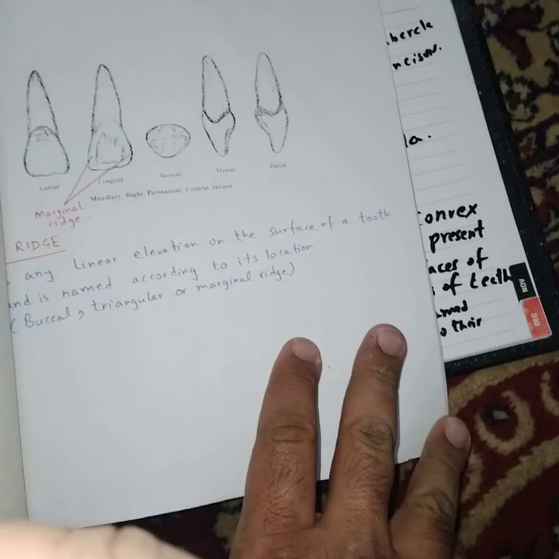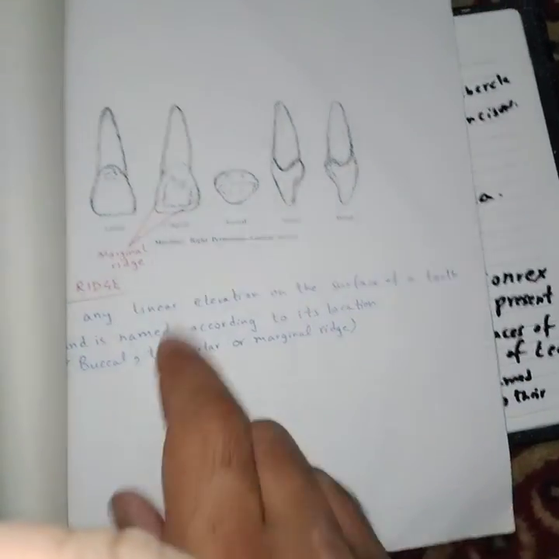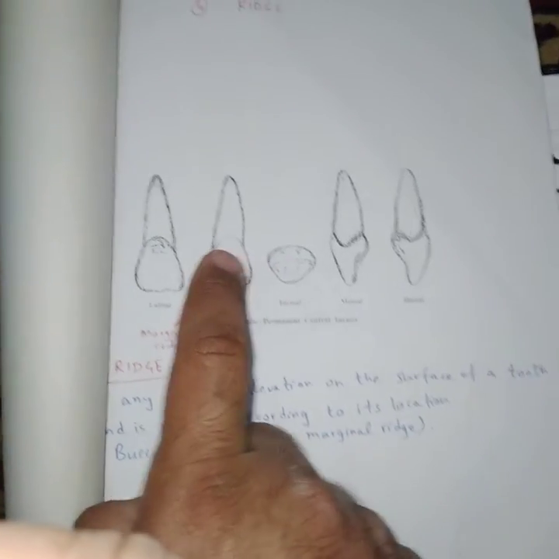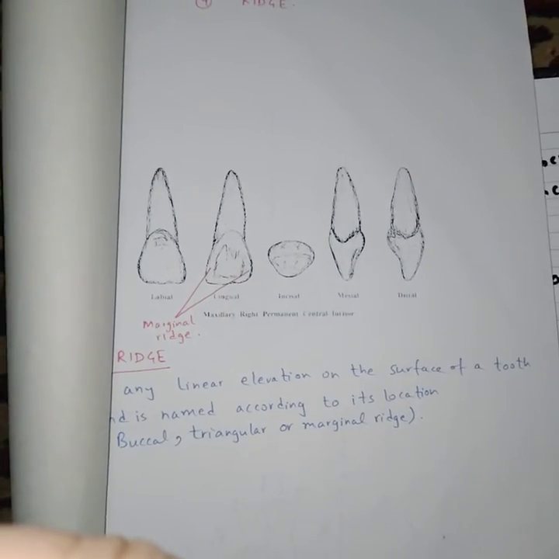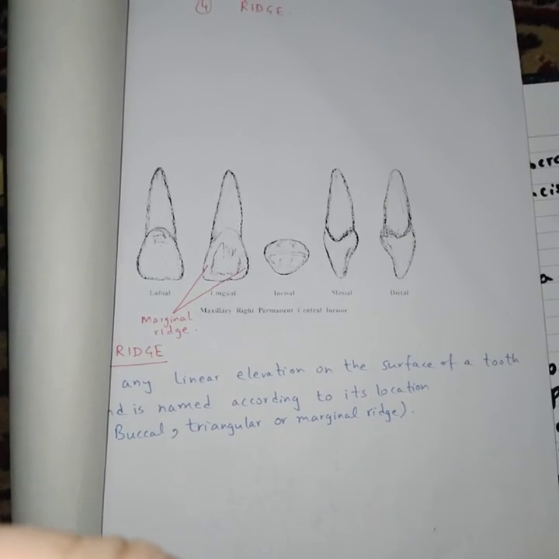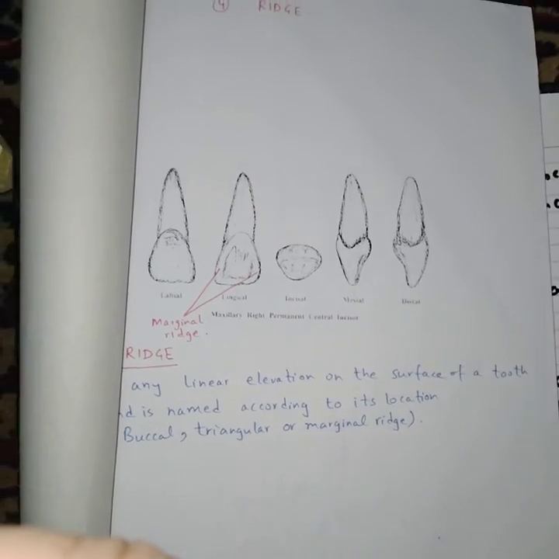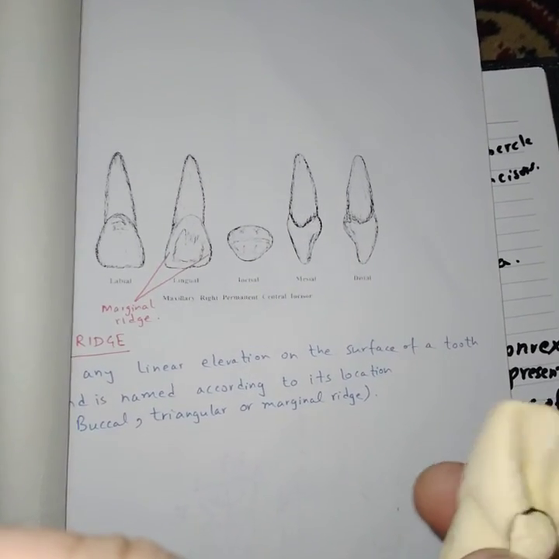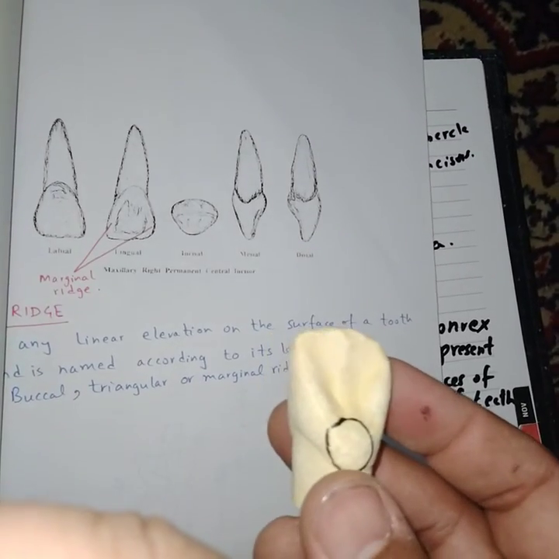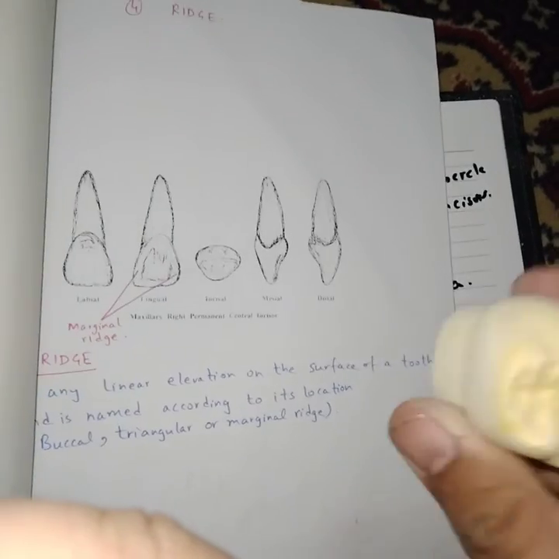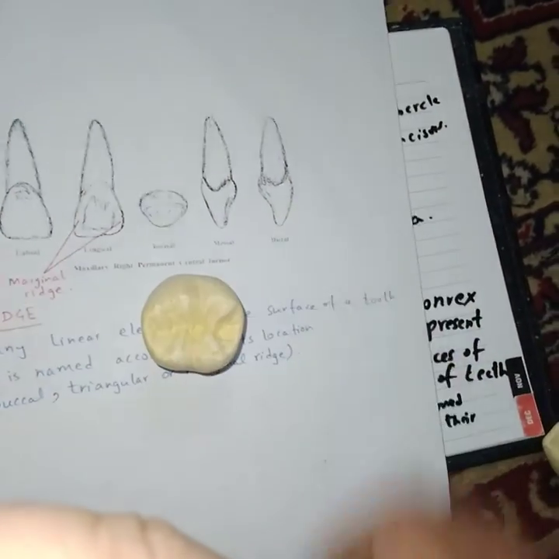First of all, there is marginal ridge. This is marginal ridge. The linear elevations which are convex in cross section and are located at the mesial and distal terminations of the occlusal surface of the posterior teeth.